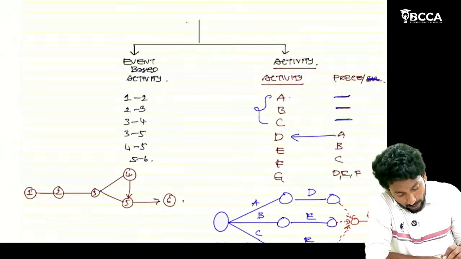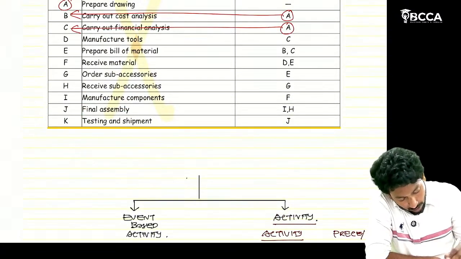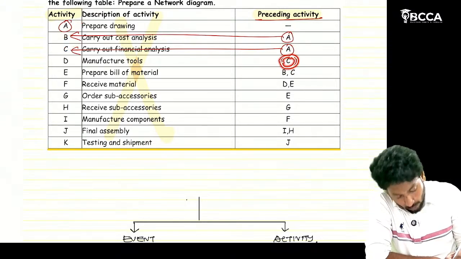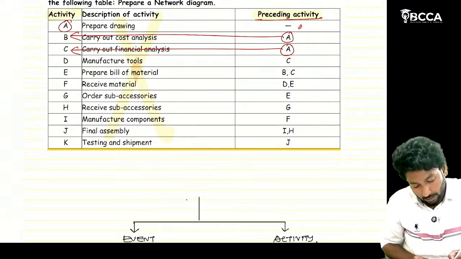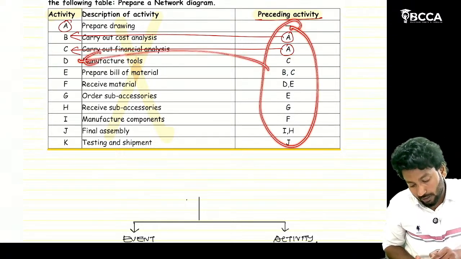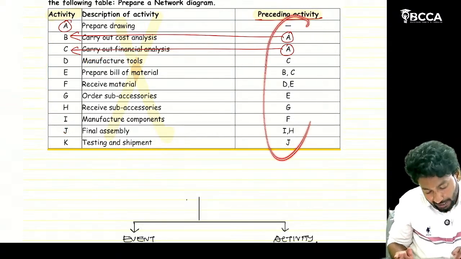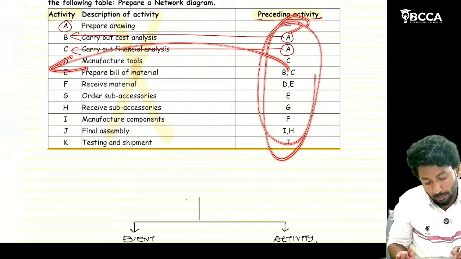Now let us come to the question. A, B, C are drawn. Read this question from right to left, from preceding to succeeding: these are activities, these are preceding activities, so if this is preceding, these are succeeding.